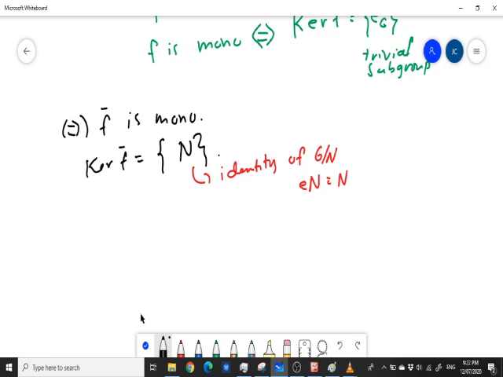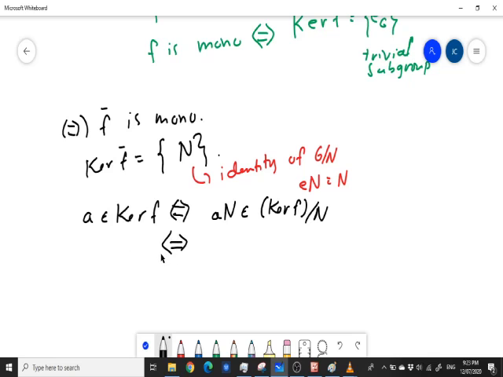Let's try. A in the kernel of f implies an is in the kernel of f bar. This is by definition. And then what?